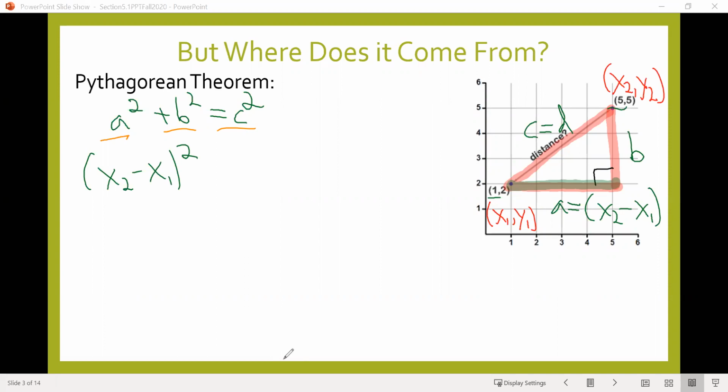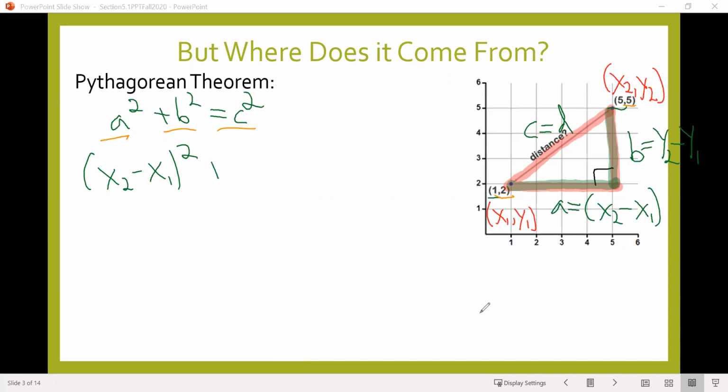Similarly, to find the value for B, to find this vertical distance here, we could subtract our two y values. So notice that if we do this 5 here minus this 2 down here, that would give us 3, which is the length of B. And so another way we could write B then is as y2 minus y1.